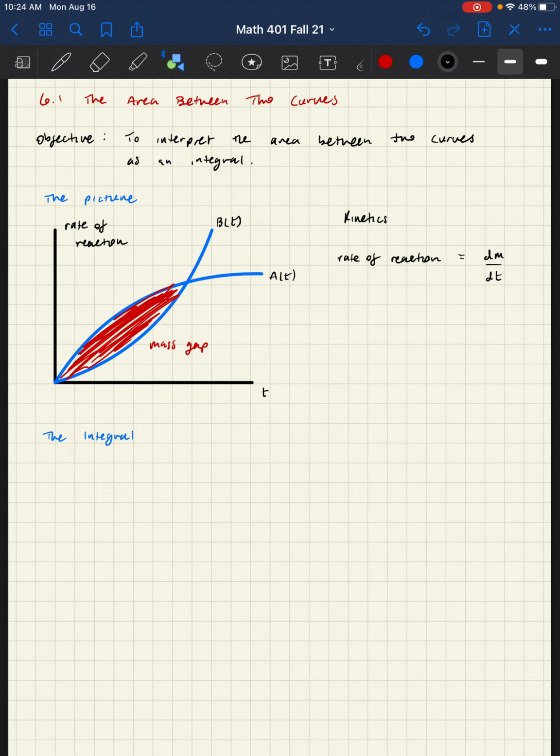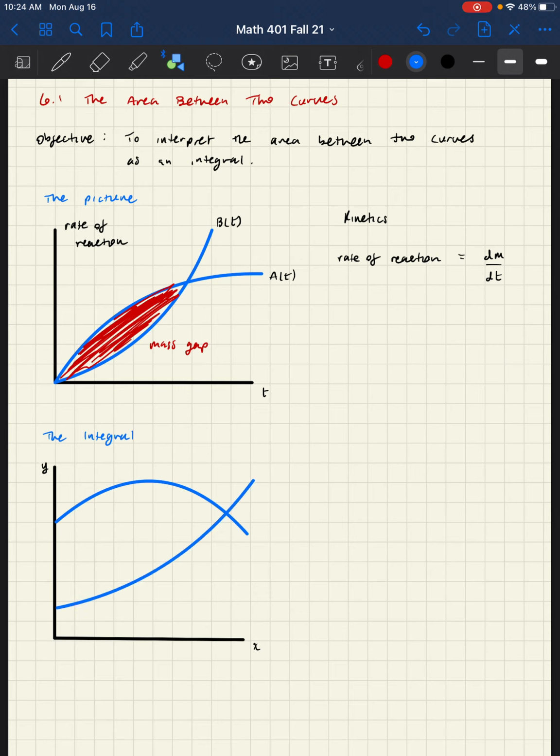So I'm going to again draw a similar graph here. And in this case, our variable is going to be x, and here we have y. And I'm going to have two curves. We want to formalize what we mean when we say the area between two curves.